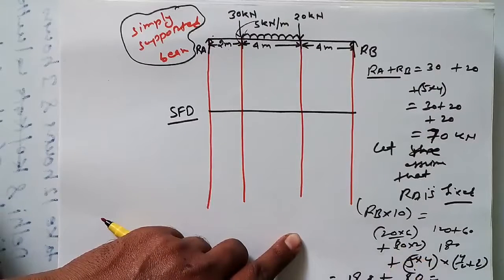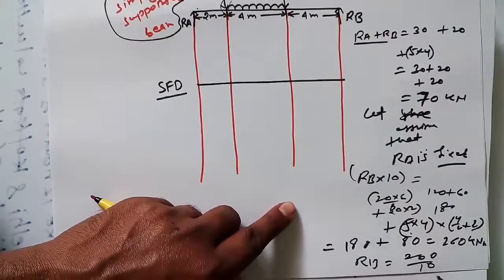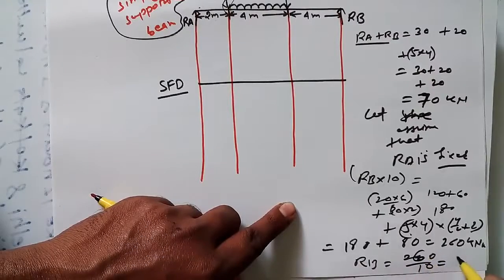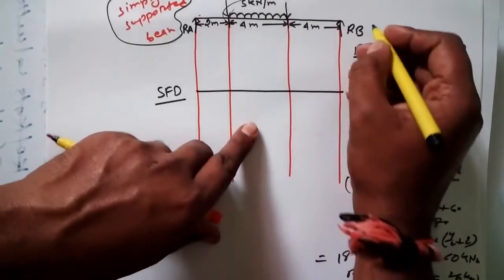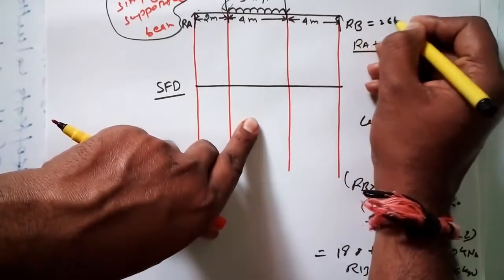So the total bending moment here would be 260 kilonewton meter. So RB is equal to 260 by 10, which is 26 kilonewton.